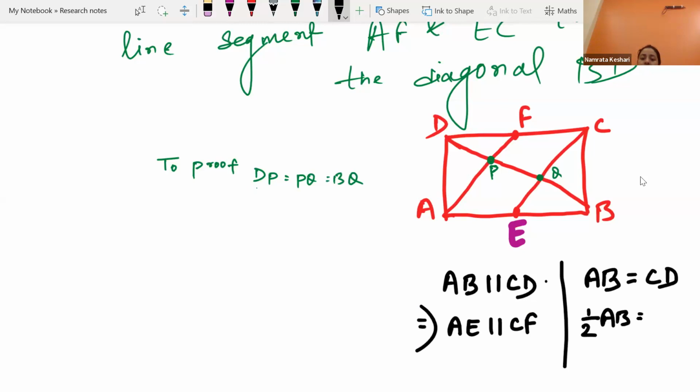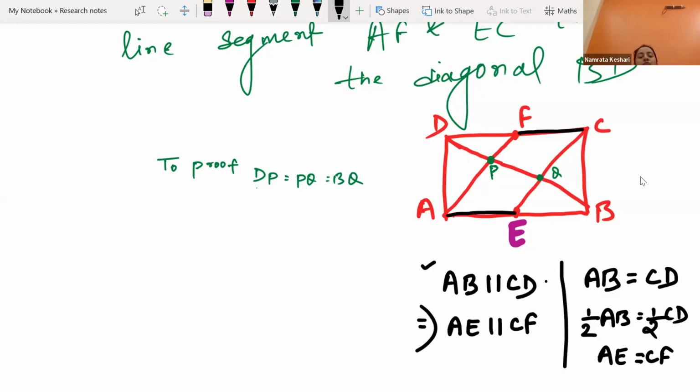See, at first we are saying that ABCD is a parallelogram, so AB is parallel to CD. If AB and CD are parallel, then a part of AB and a part of CD will still both be parallel with each other.